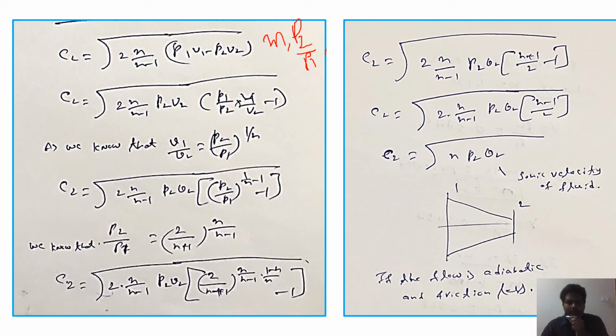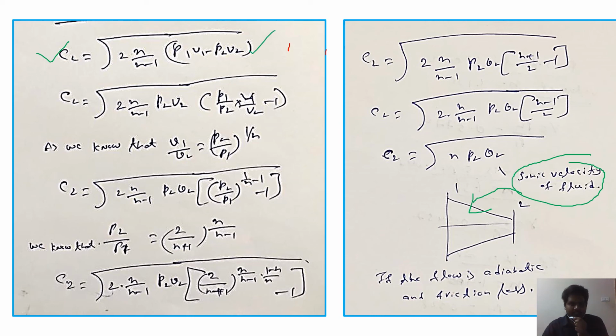Now let us see the sonic velocity of the fluid in the convergent nozzle. The derivation is C2 equals square root of 2n by n minus 1 into (P1 V1 minus P2 V2). This we already derived.